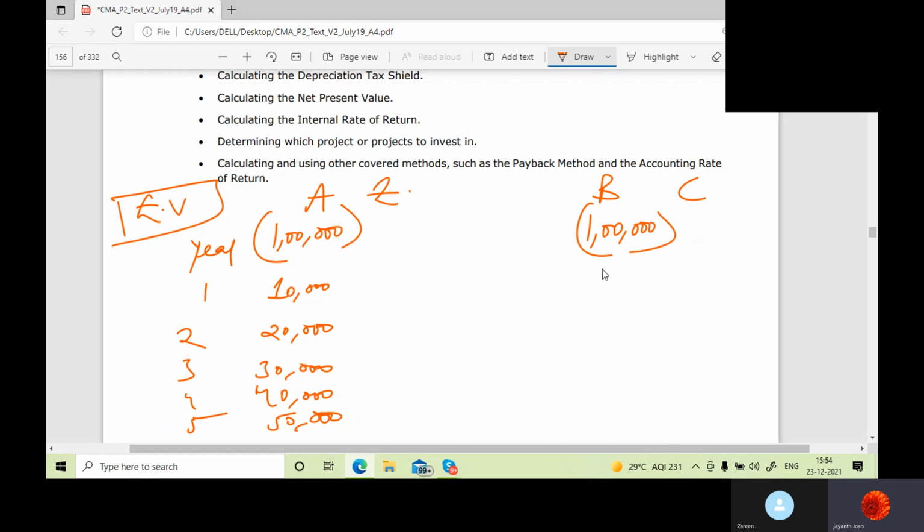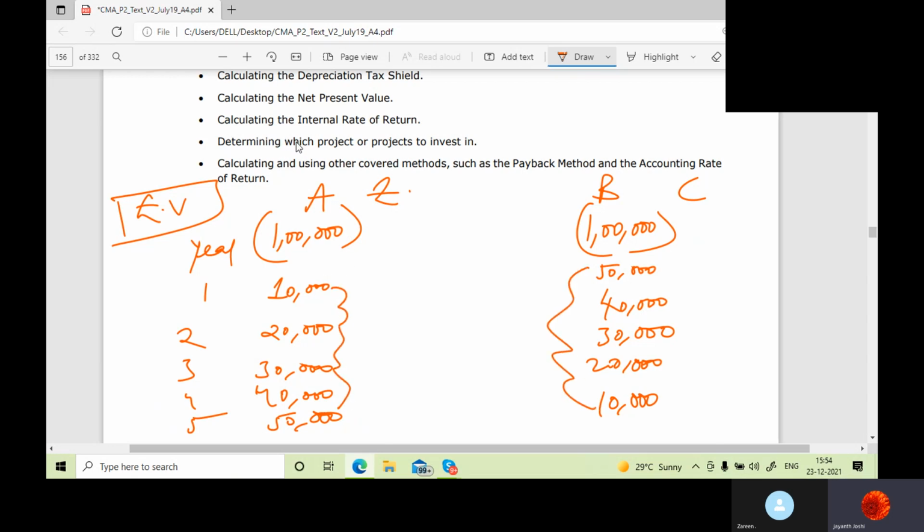Let's say the cash flows here are in this way. Seeing these cash flows, you see that these are incremental cash flows and these are decreasing cash flows.